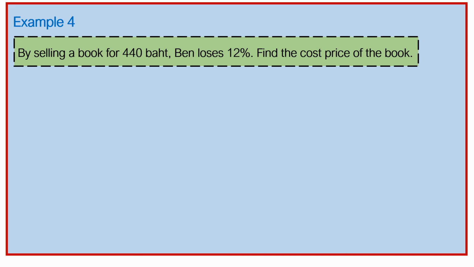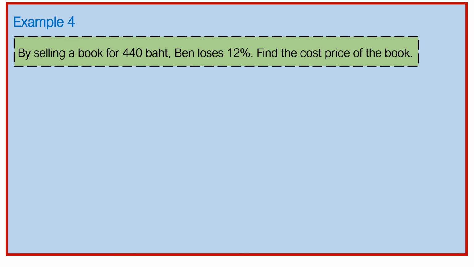Then Ben loses. This means that this is a loss. Loss is 12%. Find the cost price. We need to look for cost price. So let's say that cost price is B. Okay? Now, let us make our equation.